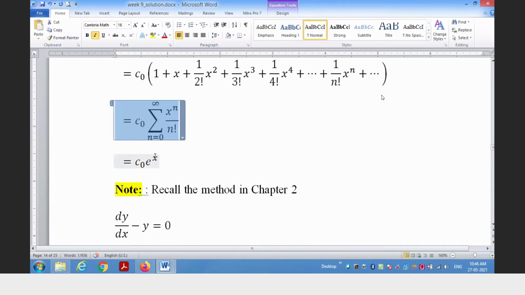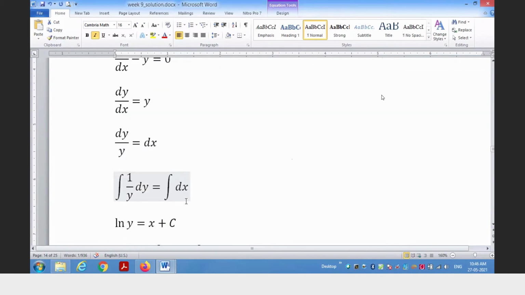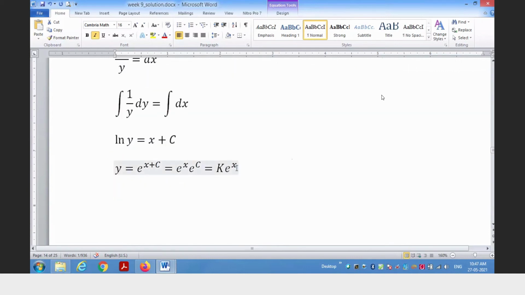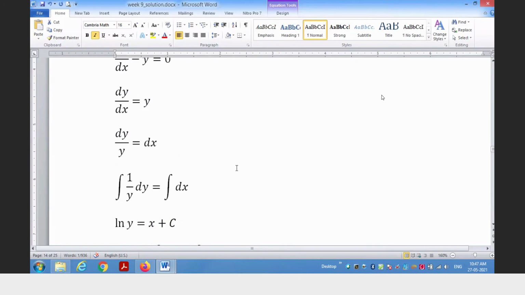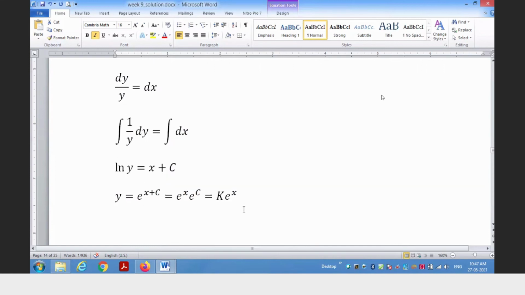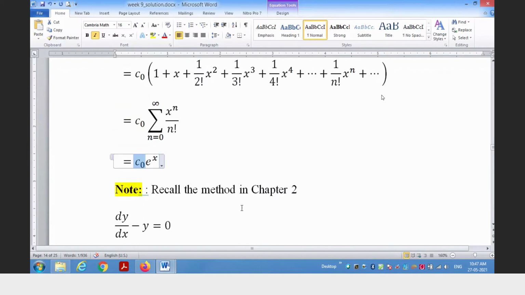As I show here, this is a constant times e to the x, and this one is also a constant times e to the x. The answers are the same, but in different form.